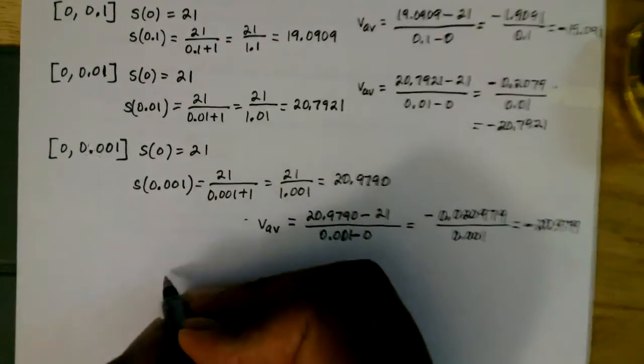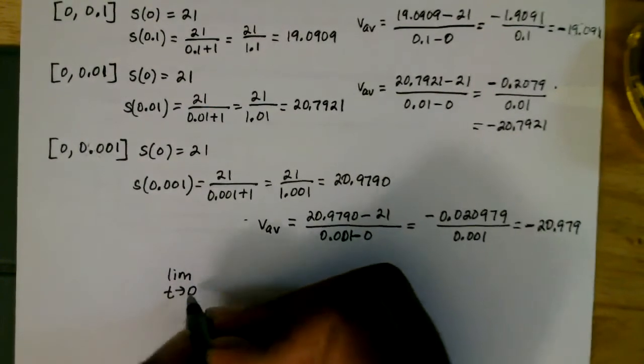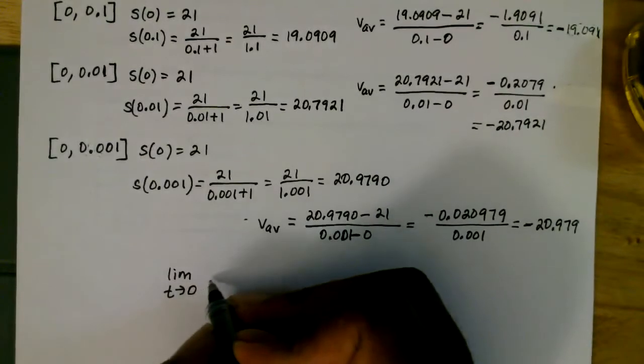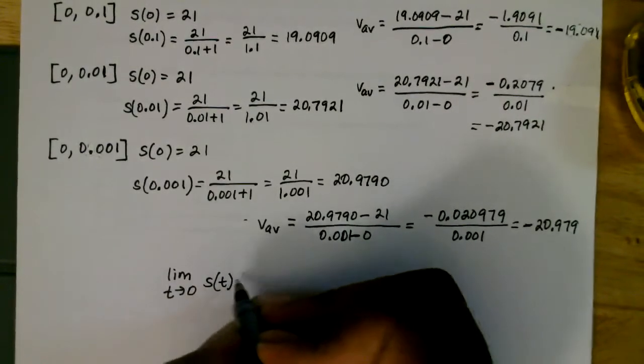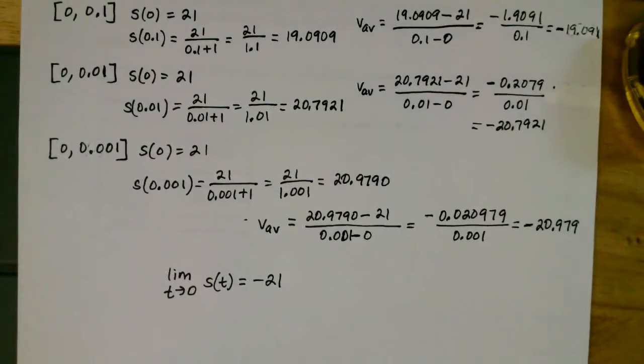So that limit as t approaches zero would be -21. Okay. So that's how we use a position function to find out what that position function is getting closer and closer to when we let t approach some specified value.